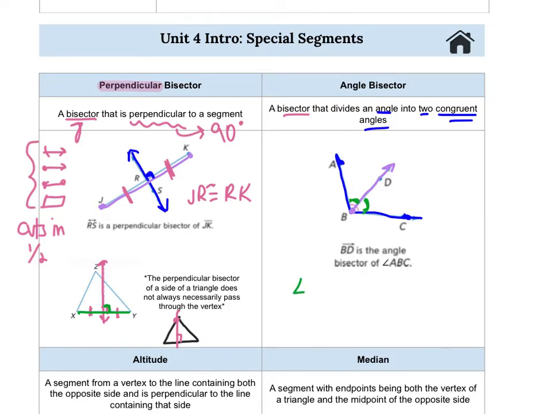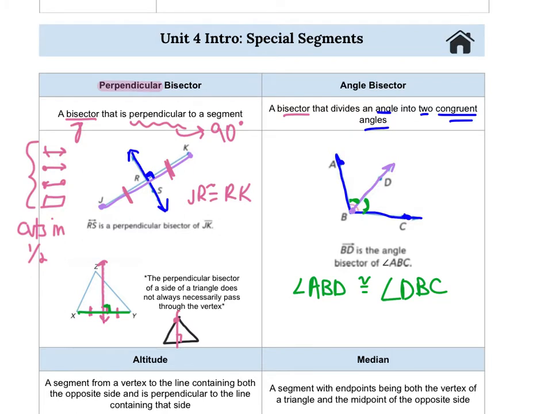We could say angle ABD, this part of the angle, is congruent to angle DBC. That's because it's being cut in half by this angle bisector.